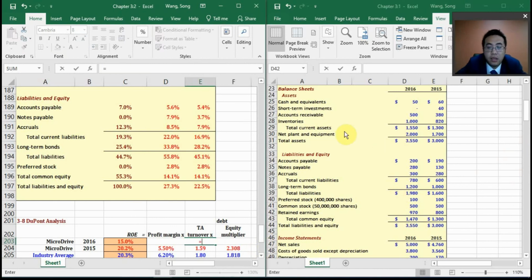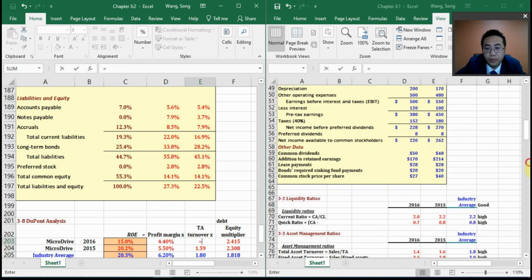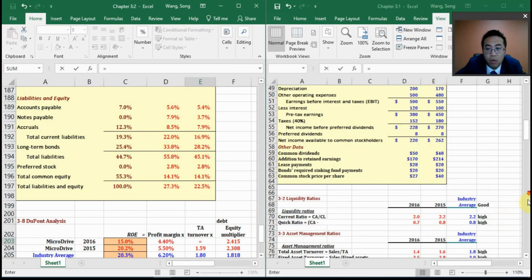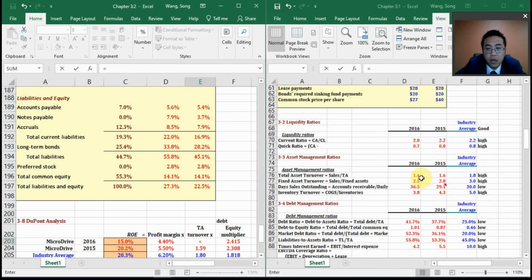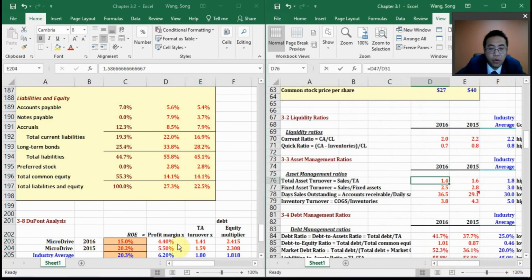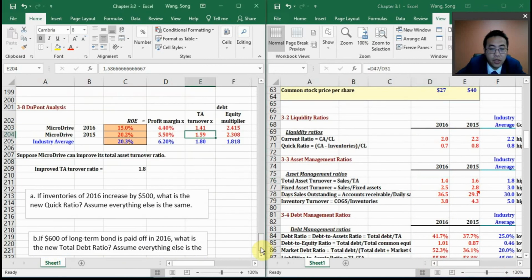So this time I will use this reference window. The assets turnover ratio is right here. If you cannot see it very clearly, you will see a number equal to 1.4 here. That's your assets turnover ratio.